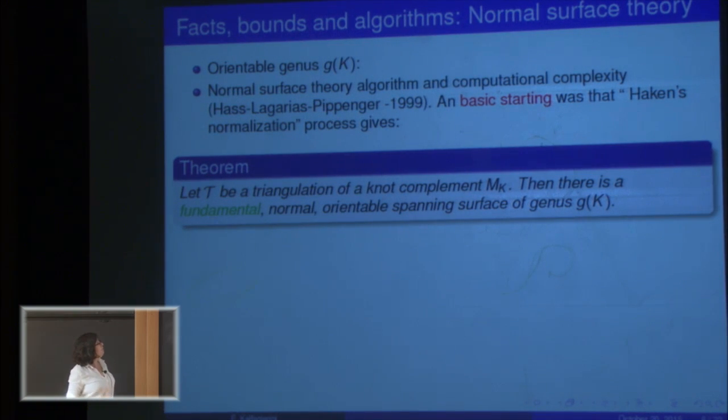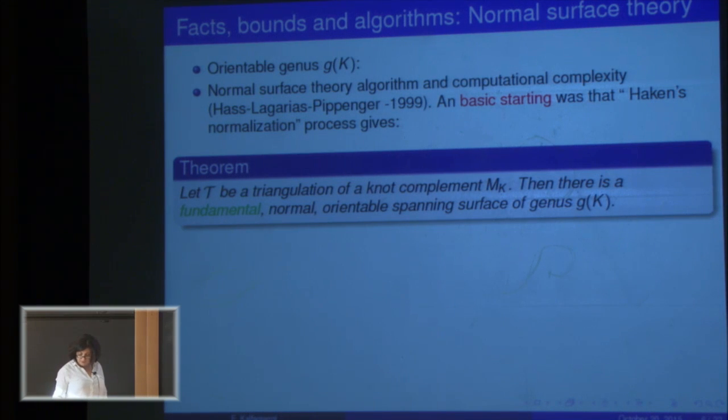So, for the orientable genus, in particular, there is an algorithm that will give you the genus of any knot, and the computational complexity of this has been studied by Haas, Lagarias, and Pippenger.